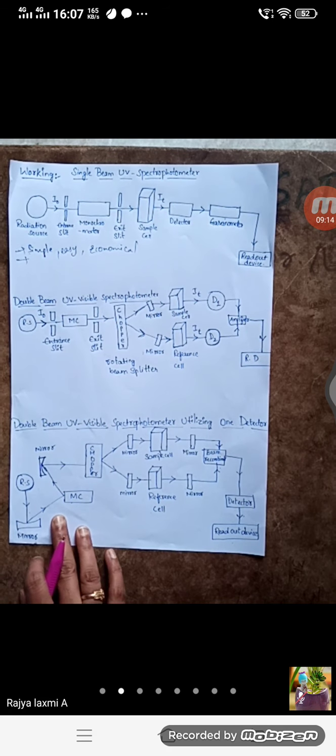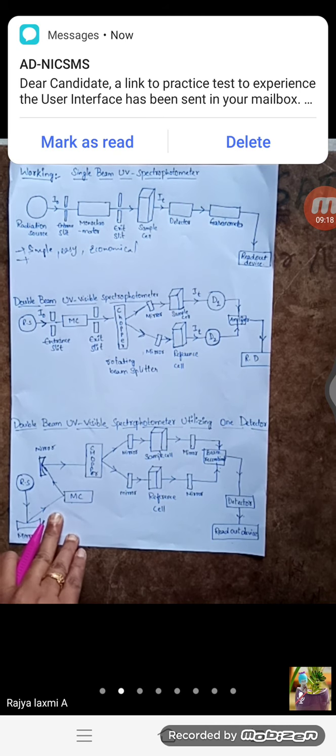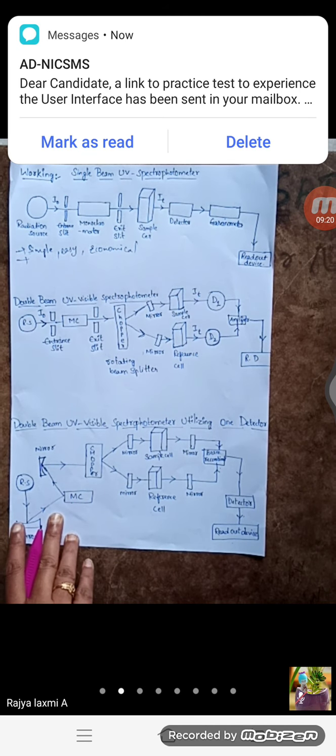Then a beam recombiner is added before the detector. In the beam recombiner, the two beams which are coming are recombined, joined into one beam. Again the detector is placed, and then the readout device, which is like a system that shows the values.